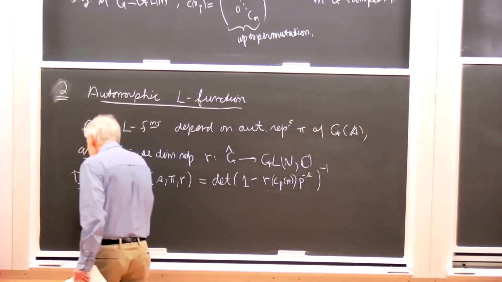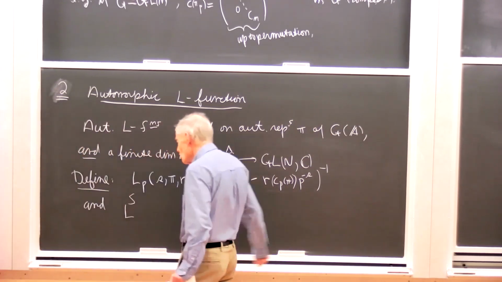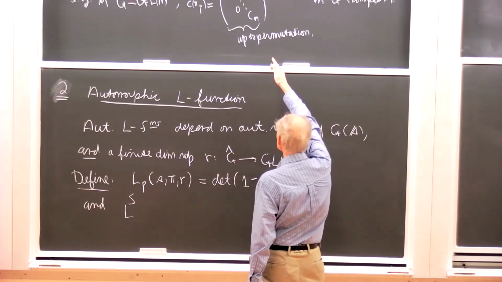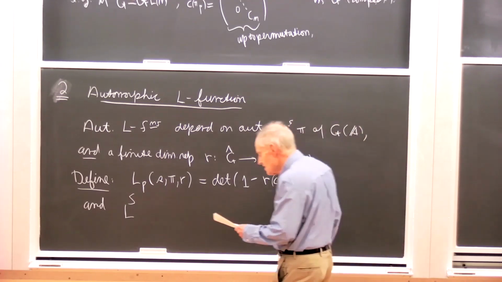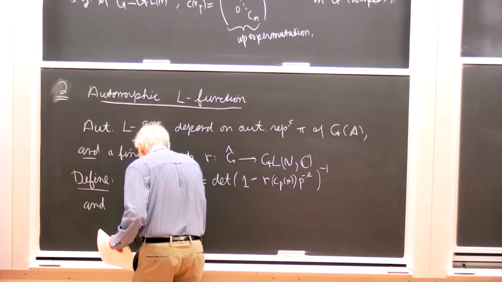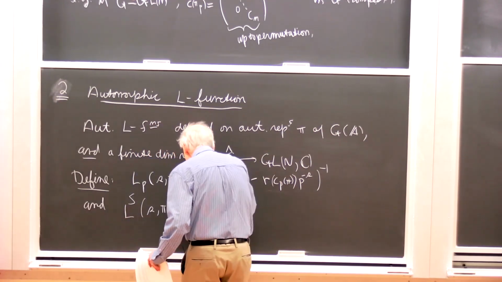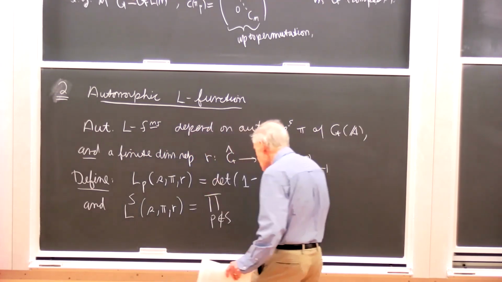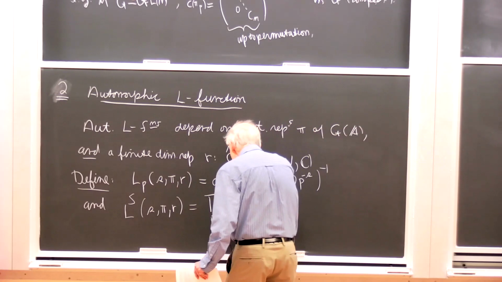And then we would define the global L function, and we're missing a little bit of data. This would be the global L function in which we throw away a finite set of primes, including the Archimedean primes. L^S(s, pi, r) is the product, by definition, over p not in S, so almost all primes, the primes which give unramified conjugacy classes.